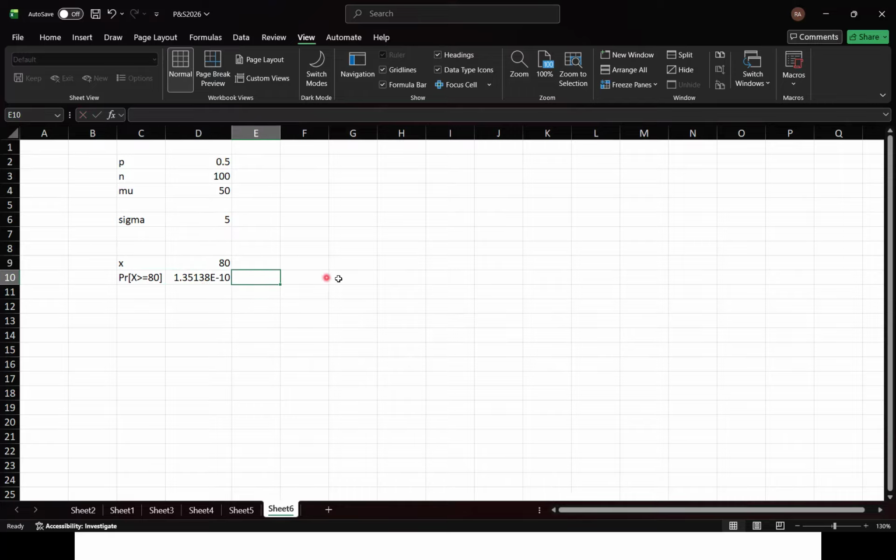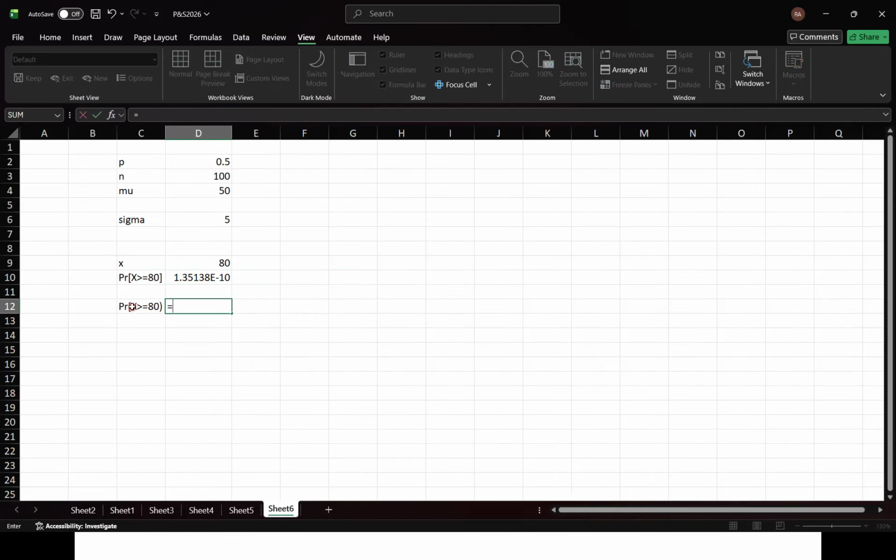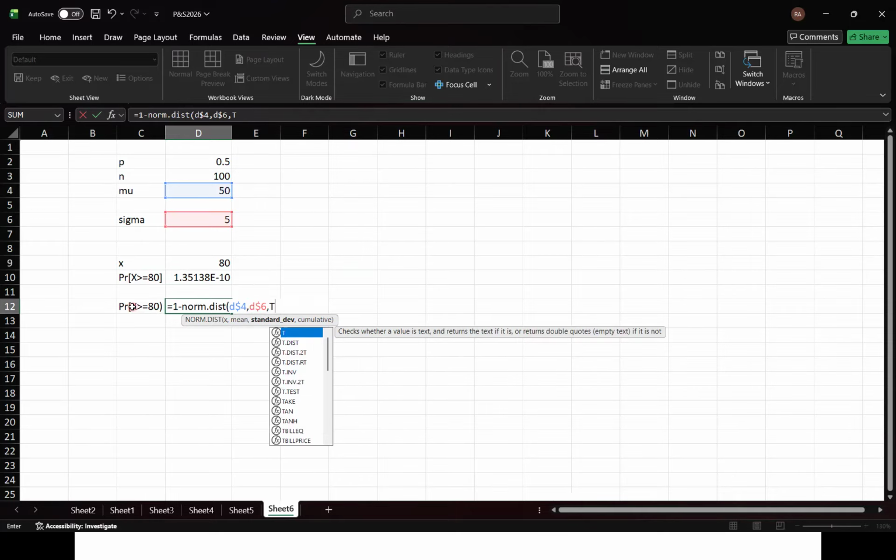And now, if I calculate it with the normal distribution formula, the probability x greater than or equal to 80 will again be 1 minus the normal distribution, where I have to use the mean value and the standard deviation. Then I choose cumulative, so true.